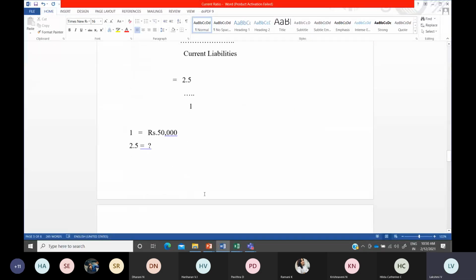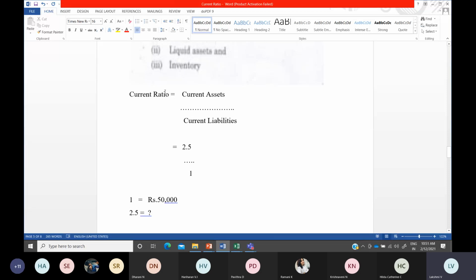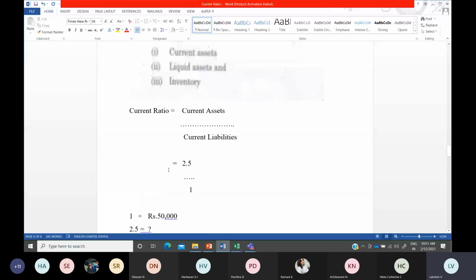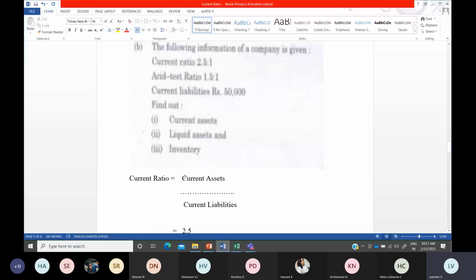This is the way you can check: substitute in the same formula and see whether you are getting 2.5. So current assets we have found out.